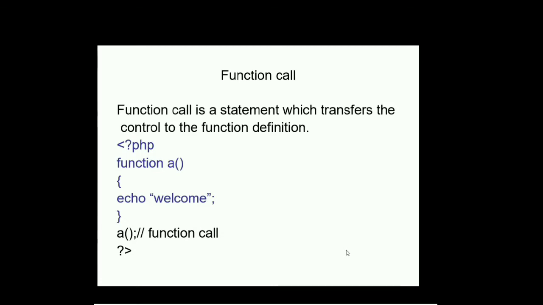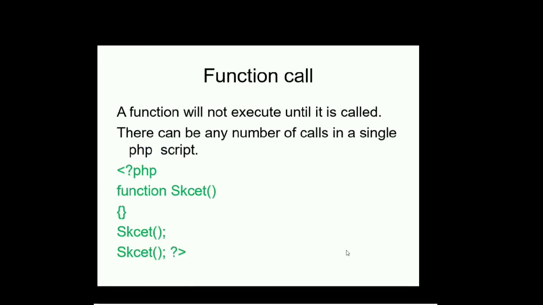The control will get transferred to the function definition, and echo welcome means welcome will get printed. So the first statement which executes is the function call, represented as A here. This is all about function call. Without a function call, the function definition becomes meaningless.